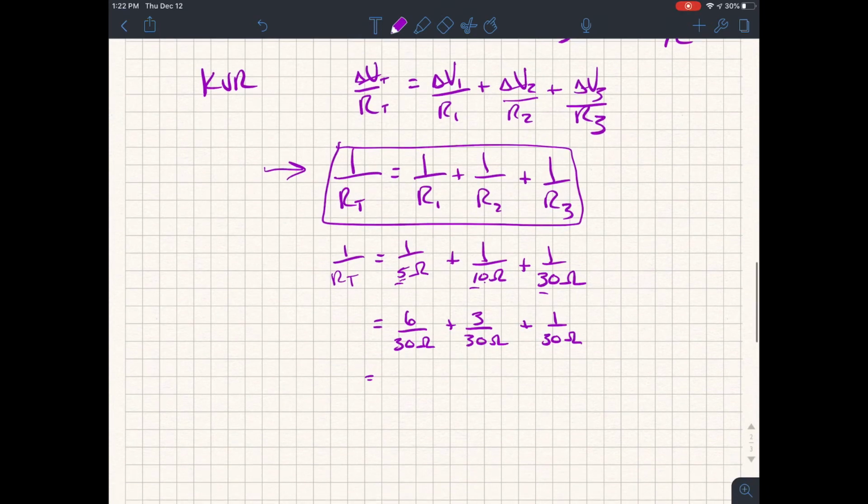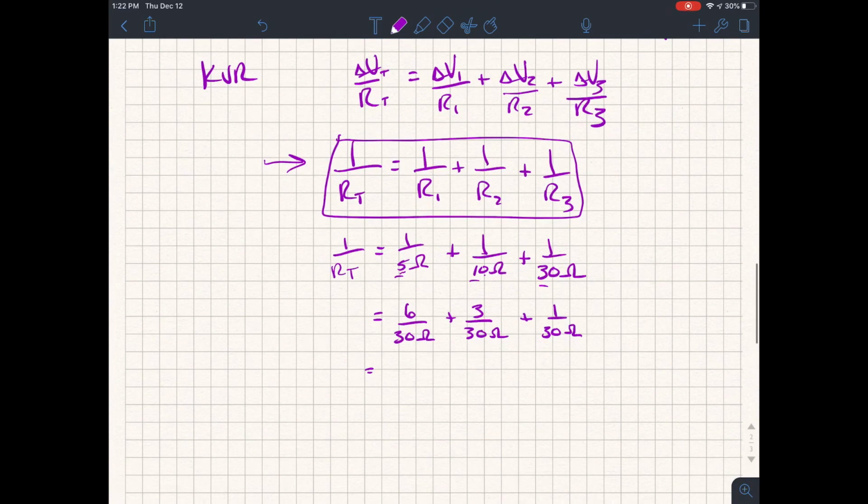Add those all together. We have 10 over 30 ohms, which is equal to 1 over 3 ohms, which equals 1 over RT.